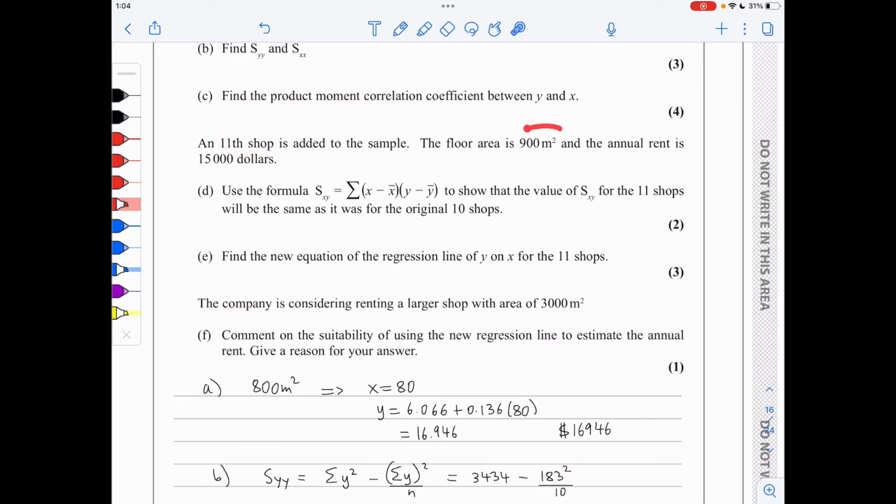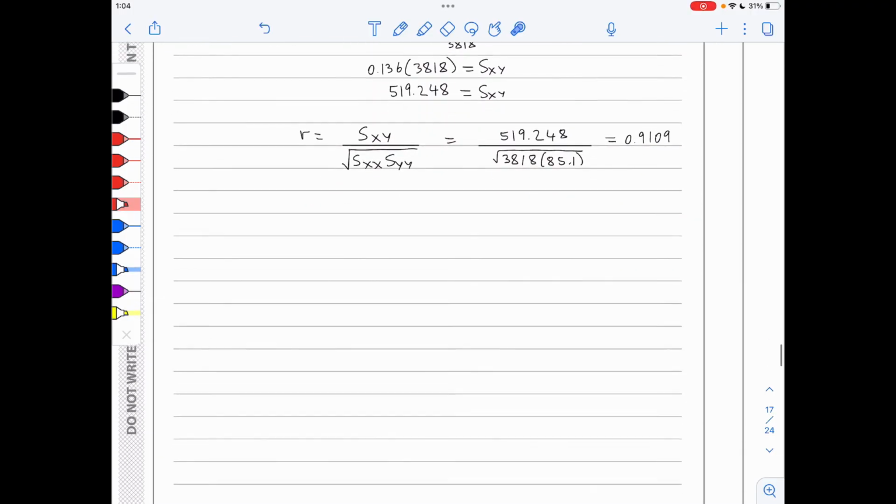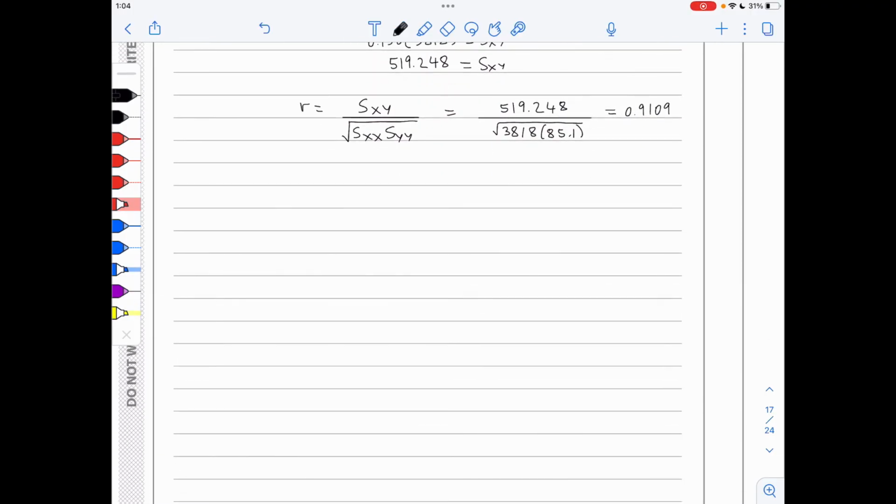In part D, we've got an 11th shop added to the sample. It has a floor area of 900 square meters and an annual rent of $15,000. We need to use a formula here for SXY to show that the value of SXY for the 11 shops will be the same as the one for the original 10 shops. So for this 11th shop with a floor area of 900 square meters, we can see that its X will be 90 and its Y will be 15.